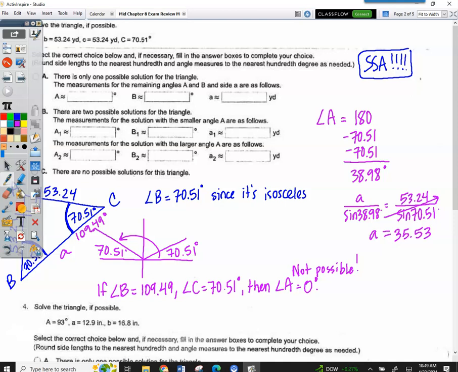Which one? The angle. Oh, the angle? 38.98. Okay.